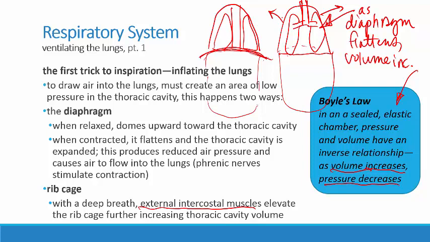So now we've made it extra low pressure inside there. Okay, so there's the first trick. We get closer to being able to inflate the lungs by first enlarging the size of the thoracic cavity, which then in turn enlarges the sizes of the pleural cavities.